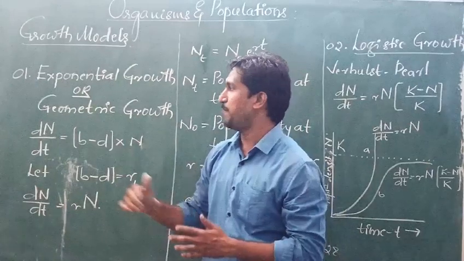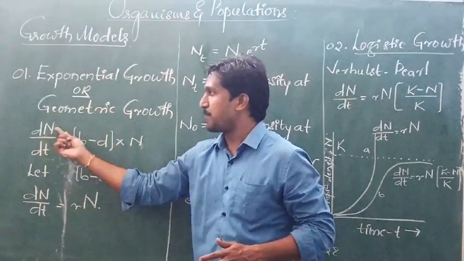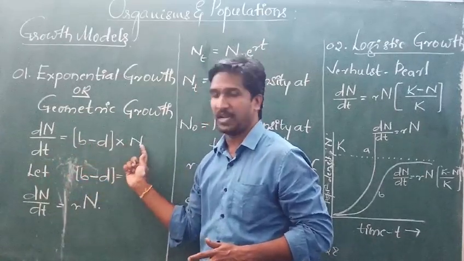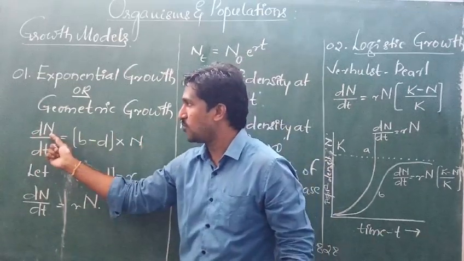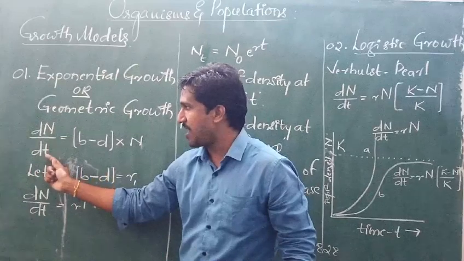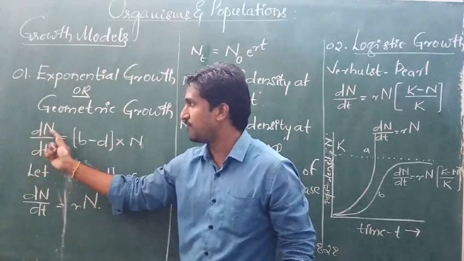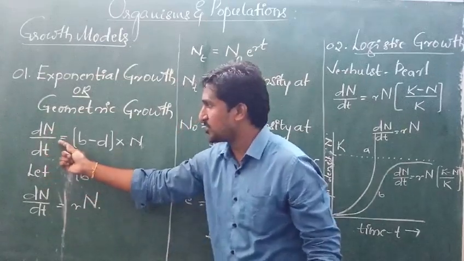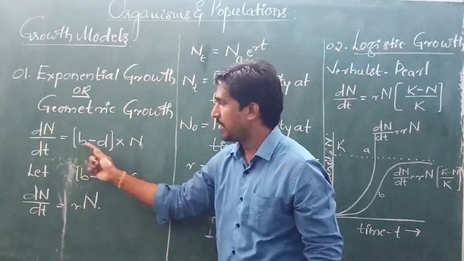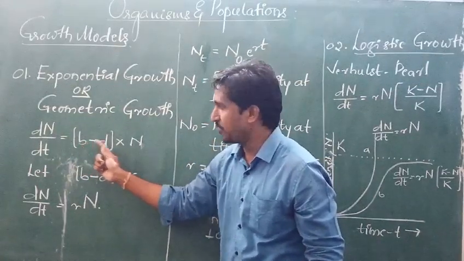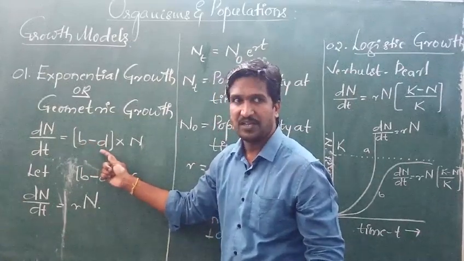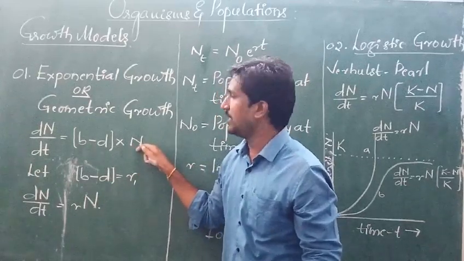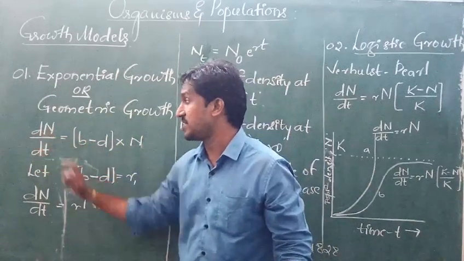It is denoted by the formula dN/dt = (b - d) × N. That is the differentiation of the total number of organisms, the population, at time t, equal to the rate of birth minus the rate of death, multiplied by the total population present.